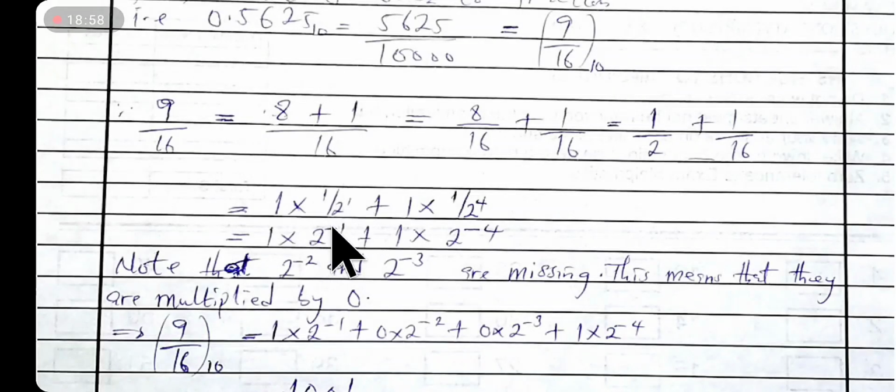Plus 1 times 2 raised to power minus 4. It is raised to power 4 here because the 1 over is still there, but if you remove the 1 over, the minus will take care of it. So let's look at the trend now. We have minus 1, then we now have minus 4.